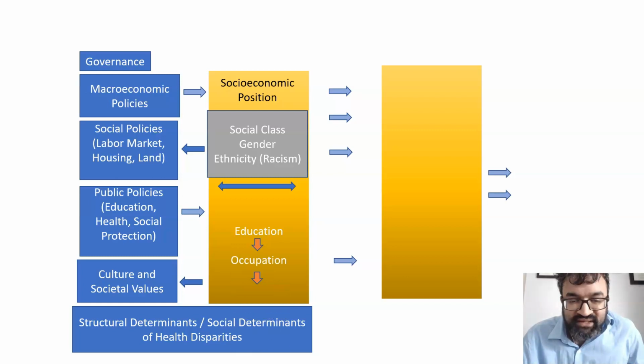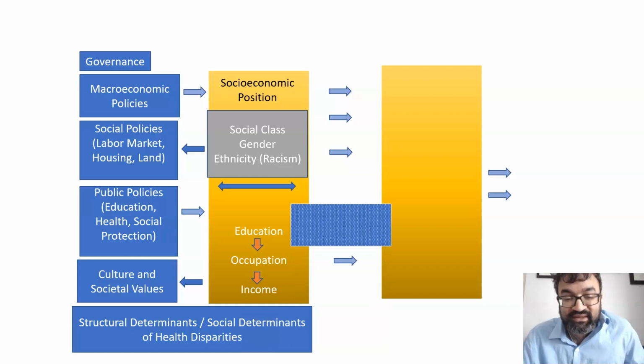Of course, there's education, and then after the type of education that you get, the occupation is determined, and that determines the type of income that you get. So that completes all of the structural and social determinants of health disparities. Some are changeable, others aren't.